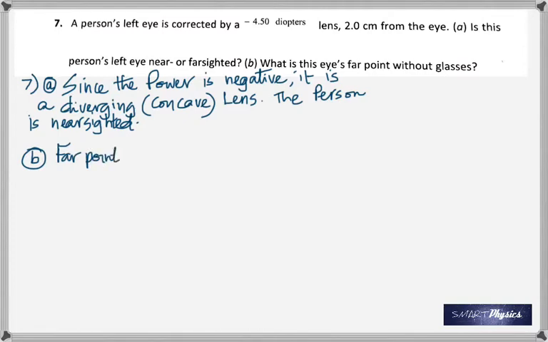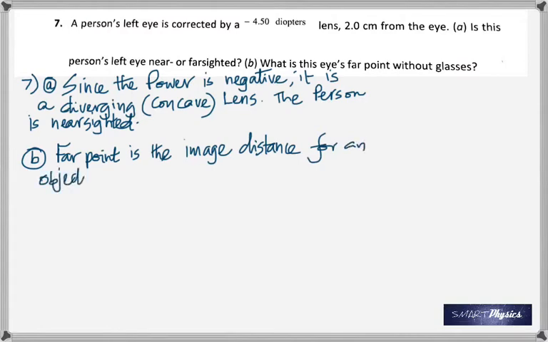So when the object is at infinity, the image is produced at his far point, right?